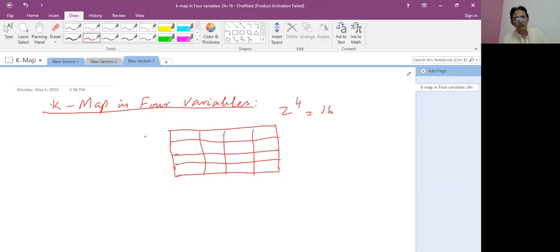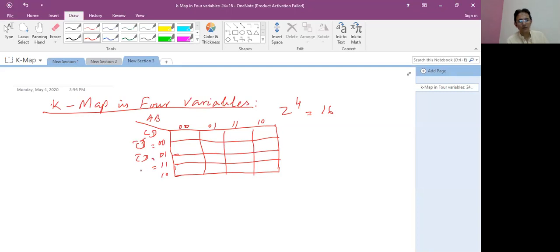When we consider the variables a, b, c, d as you wish, it means 0, 0, 0, 1, 1, 1, 1, 0, similarly 0, 0, 0, 1, 1, 1, 1, 0. So it means C and D both are complemented. C complemented D as it is.